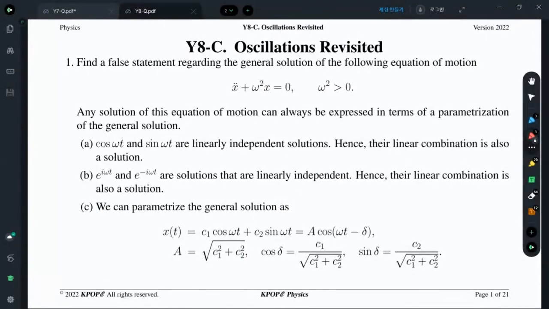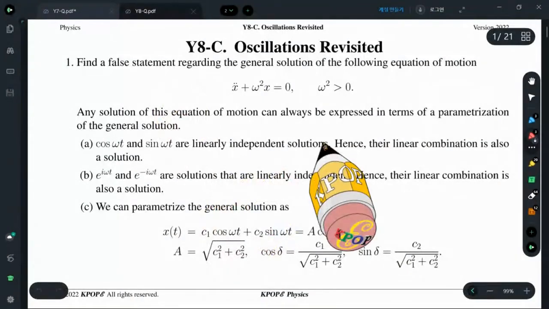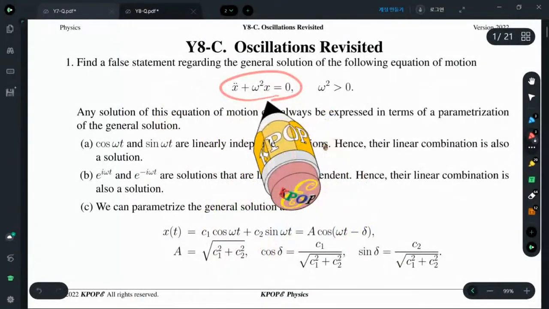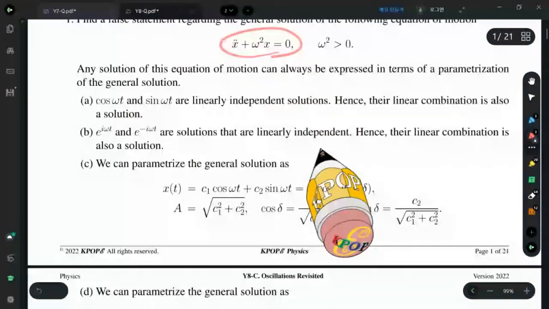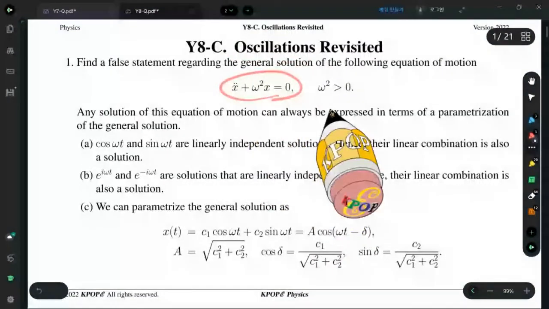Oscillations revisited. We learned this one in the last semester. This is a harmonic oscillator. A harmonic oscillator has two linearly independent solutions.